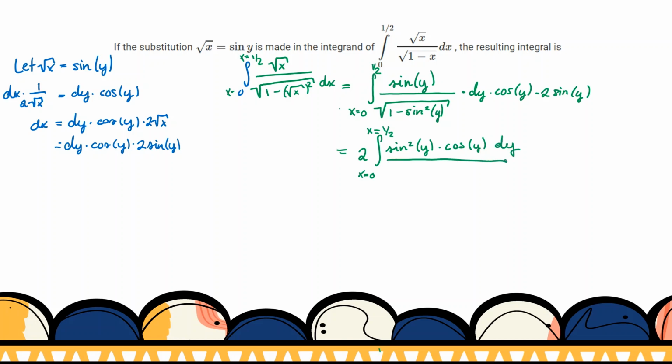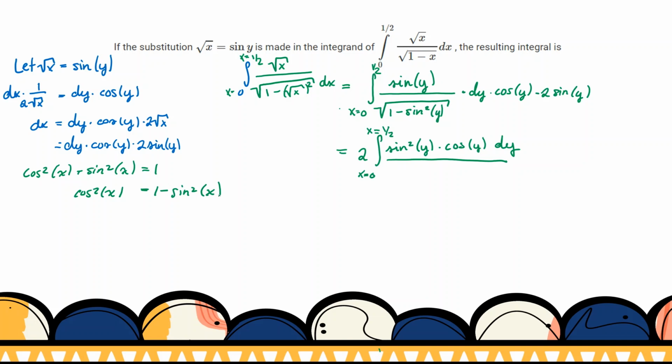And notice I have 1 minus sine squared. Remember that cosine squared of x plus sine squared of x equals 1, so that cosine squared of x equals 1 minus sine squared of x.